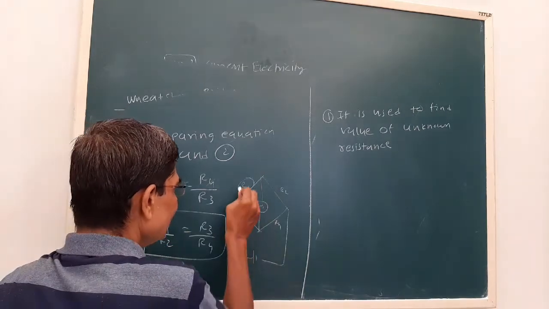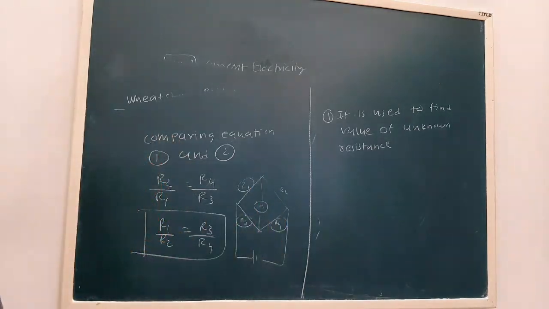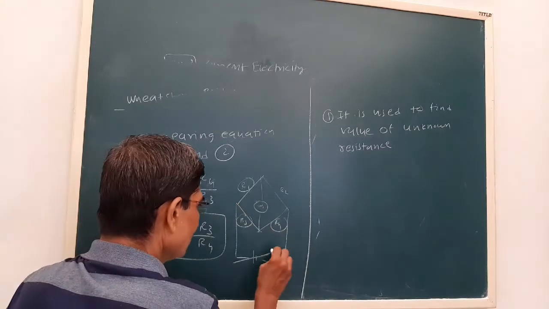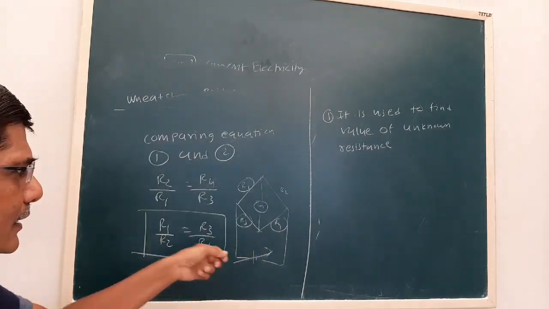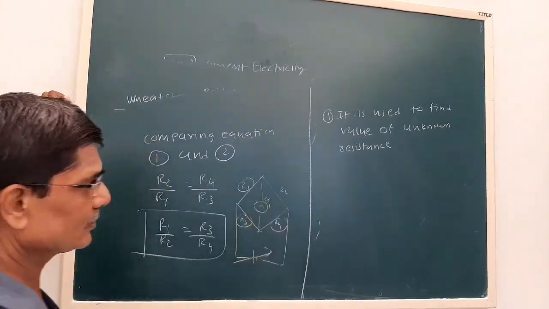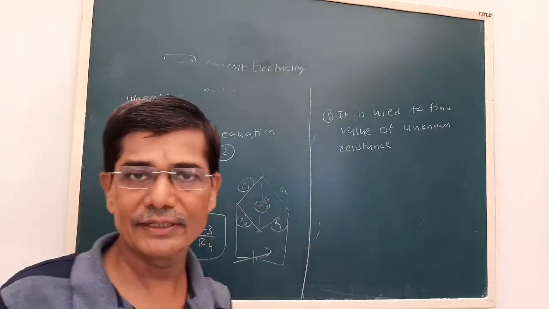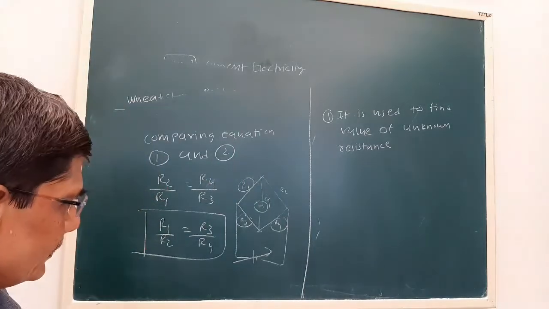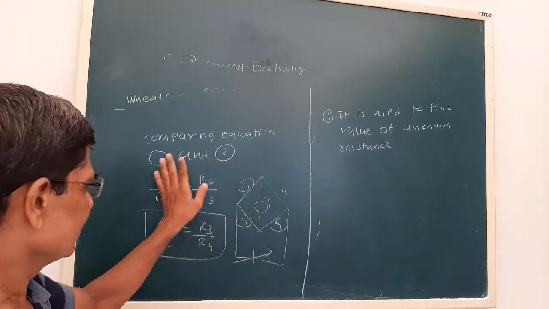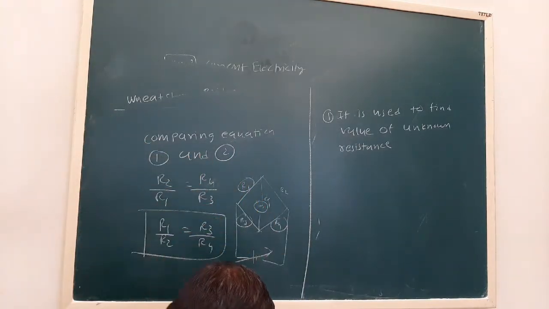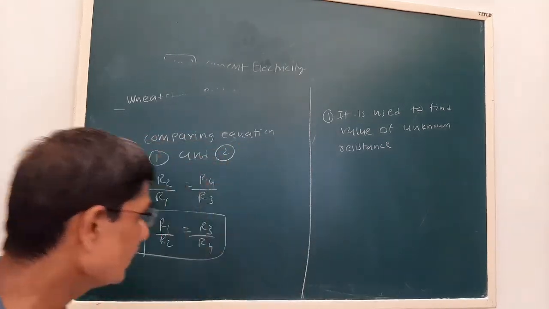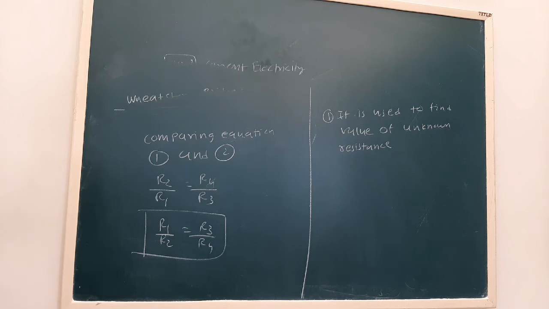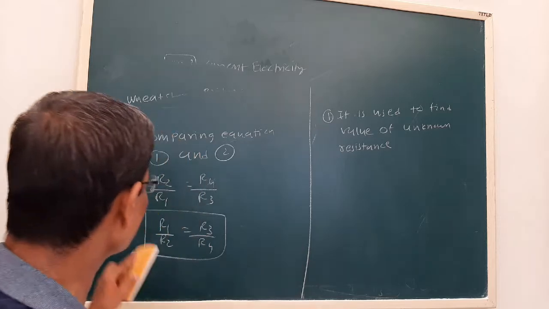Out of these 4 resistances, let us say 3 values are given and the 4th is not given. So we can vary the current in the circuit in such a way that the galvanometer shows 0 deflection. In that case, the bridge will be in balance condition, and by using this equation, we can find the value of the unknown resistance. So this is about the Wheatstone bridge. Now next we have to see about the meter bridge.